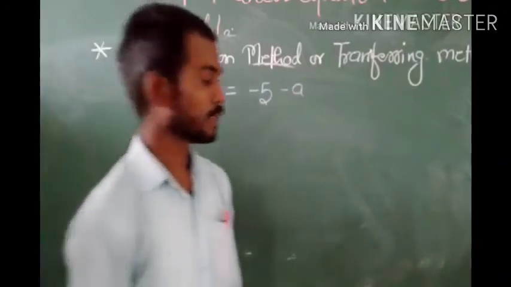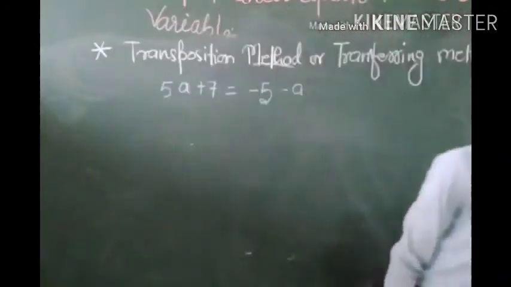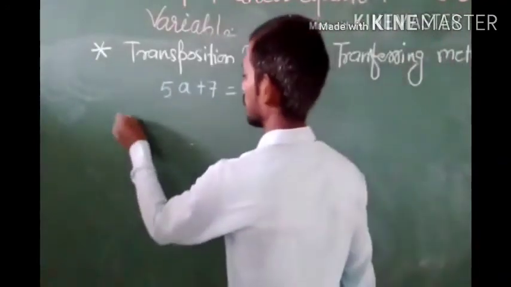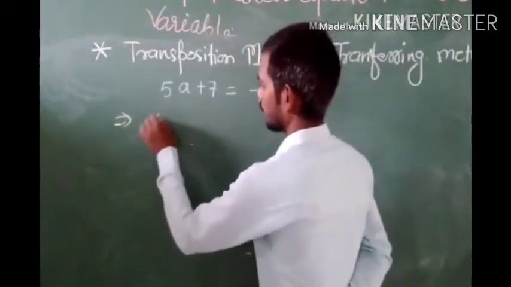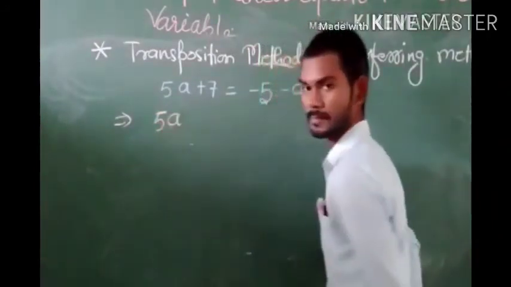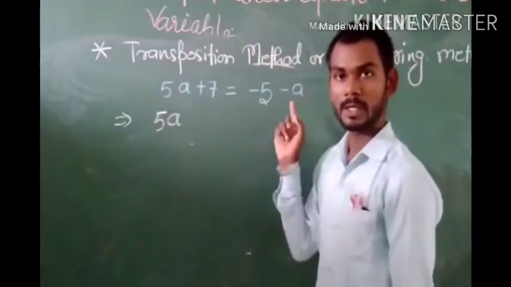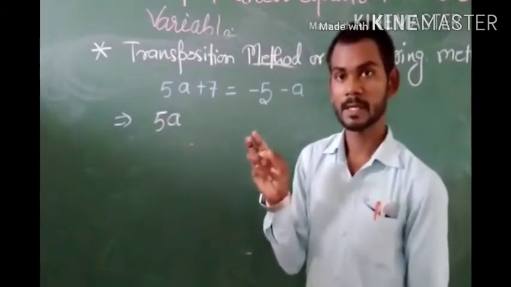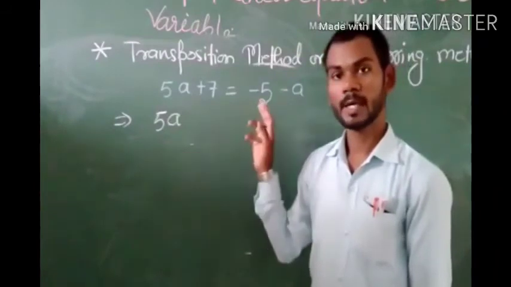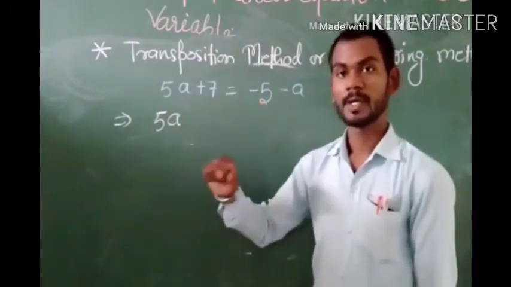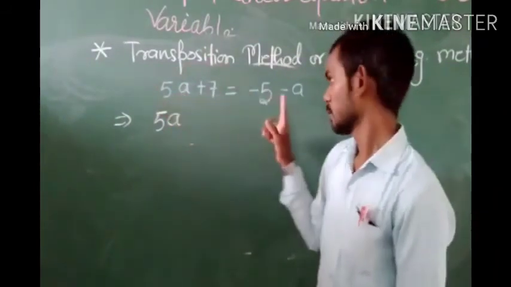So we write this: 5a. Here we can see that minus a. When a negative sign goes from left to right or right to left, it becomes a positive sign.